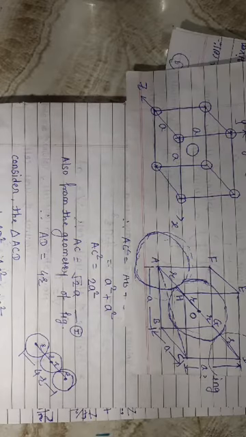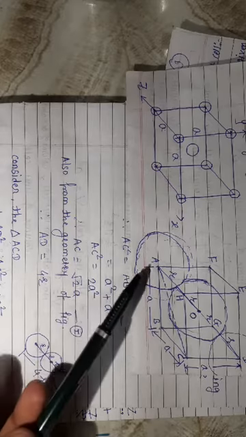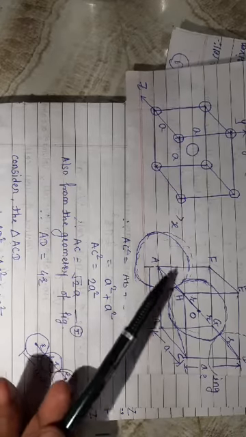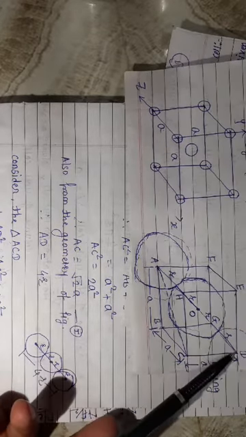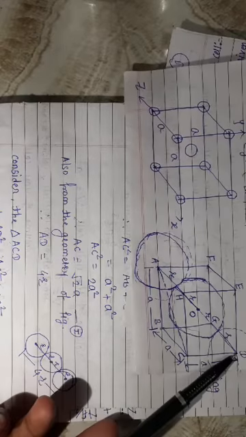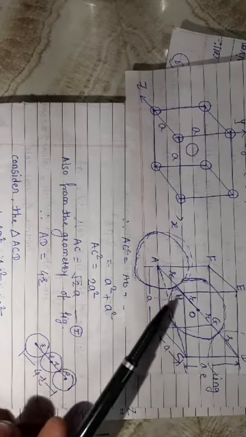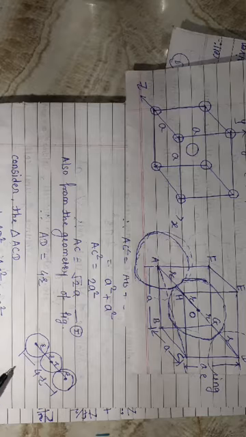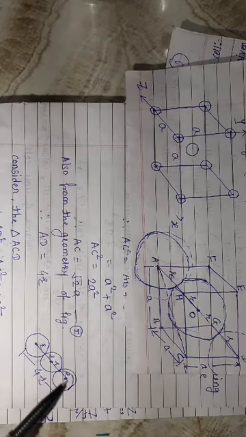Next, to form the geometry of the whole structure, consider the diagonal through these corner atoms. This is the diagonal of this unit cell. See here in this diagram, the distance along this diagonal is 4R.